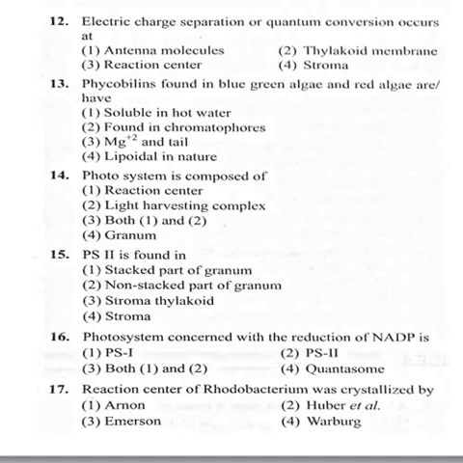So photosystem concerned with the reduction of NADP is photosystem 1. You know that photosystem 1 usually consists of NADP reductase enzyme which can convert the NADP into NADPH. So photosystem 1 is the right answer for the 16th question. 16th question, option 1 is the right answer. Coming to the 17th question.